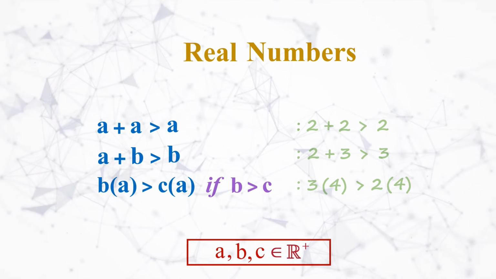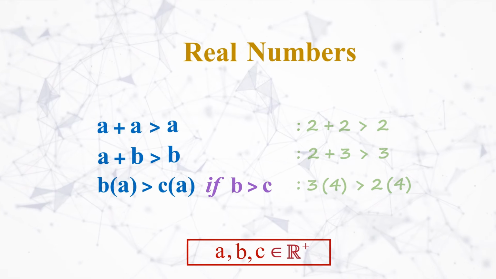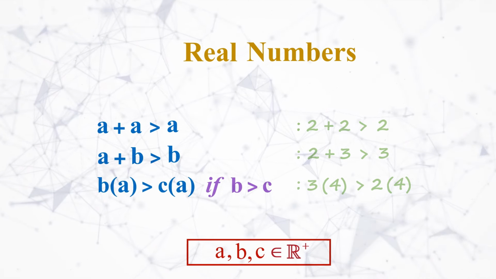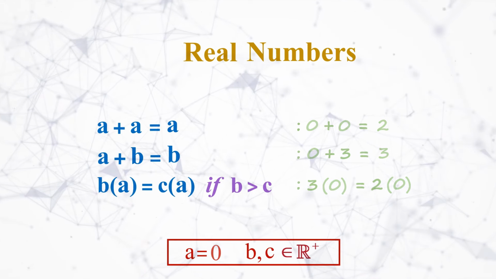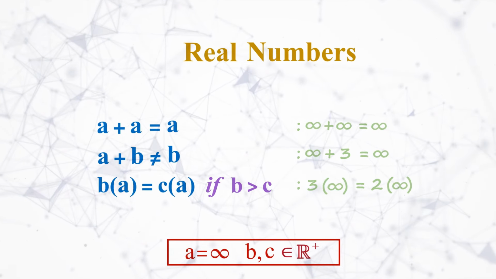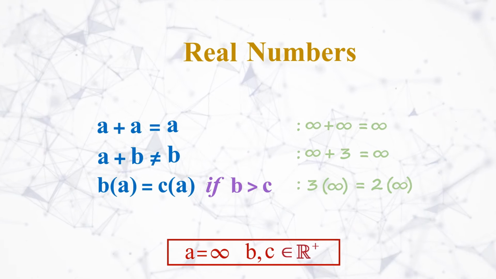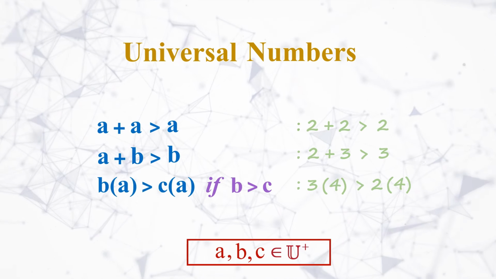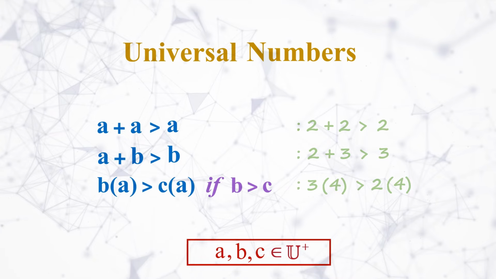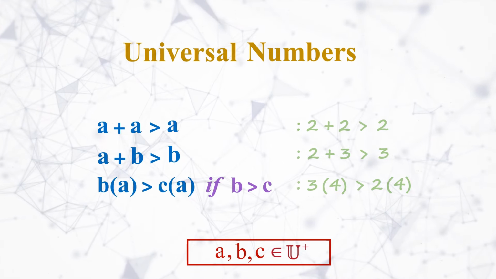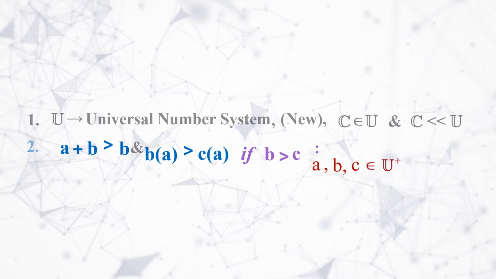The difference is, in real numbers, this is applicable for all the numbers, but not for 0 and infinity. 0 has these rules and infinity has these rules. This difference is because in universal numbers, 0 and infinity are defined such that these rules are applicable for all numbers, including 0 and infinity. So this is our second point.